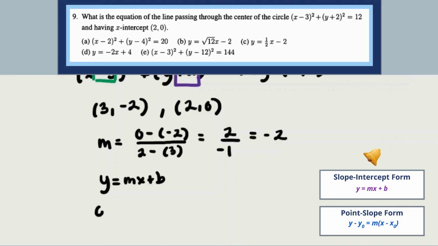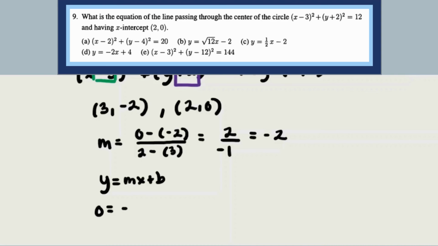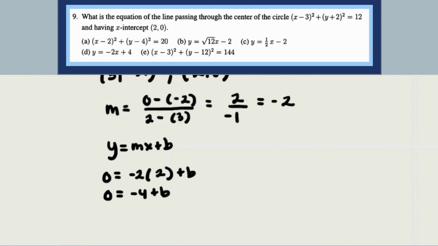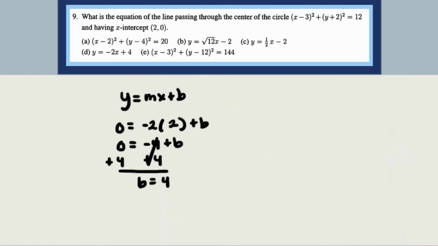So y is going to be equal to 0, our m is negative 2, and x is 2, plus b, and we'll solve for b. That'll be 0 equal to negative 2 times 2, which is negative 4, plus b. And then we'll add 4 on both sides, and we'll get b equal to positive 4. Therefore, when we plug everything in, we'll get y equal to negative 2x plus 4.